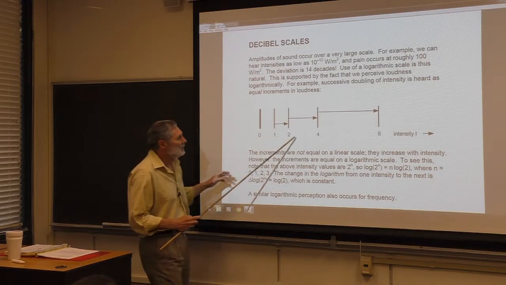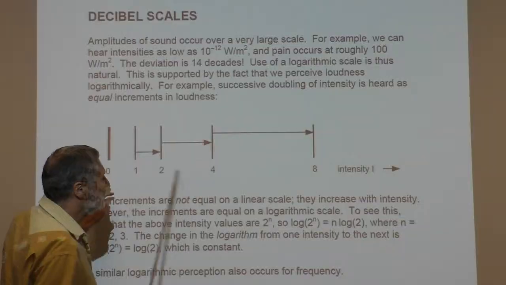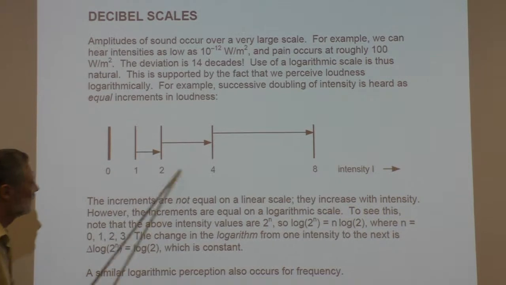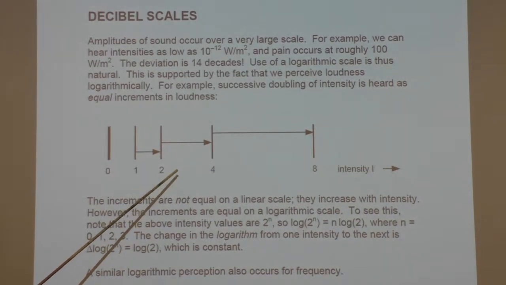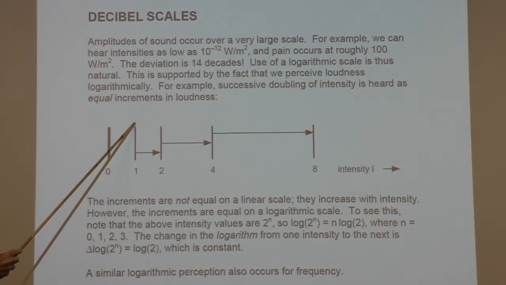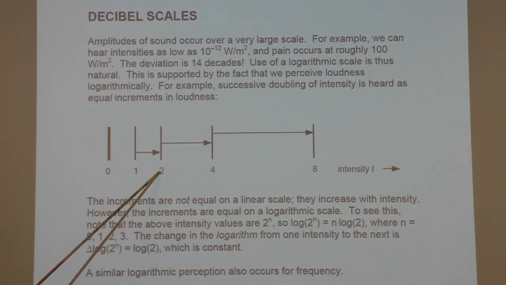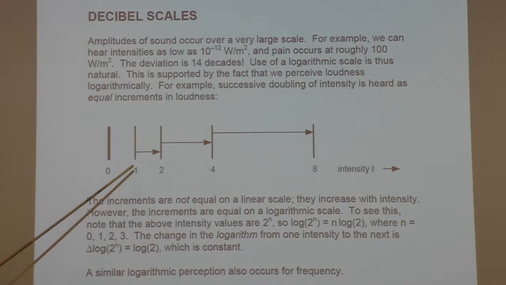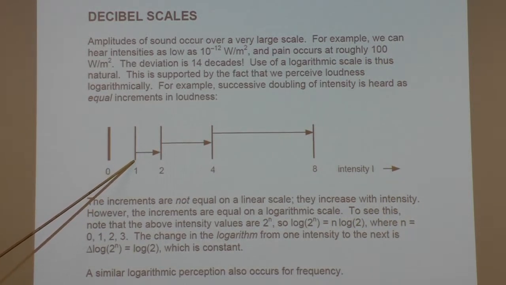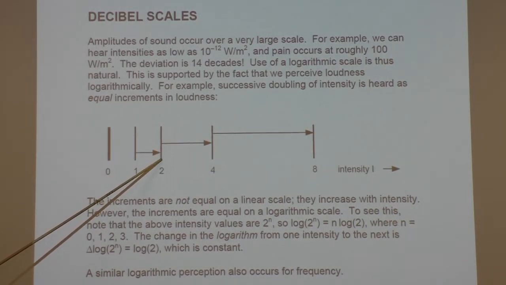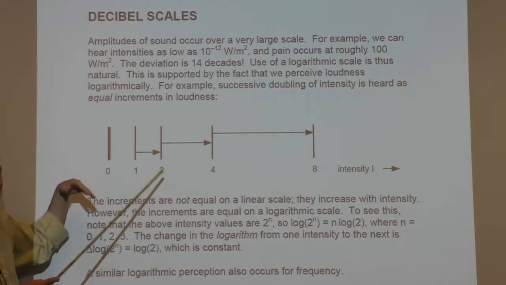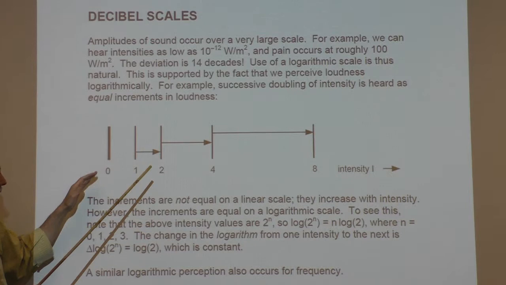Suppose we're plotting intensities here on a linear scale, okay? And we're just going to do this in dimensionless units, right? So here's some intensity of 1. We'll just call this intensity 1. And let's say this is twice the intensity, okay? If you hear a sound at this intensity and then hear a sound at this intensity, you're going to say that this one's louder, and you're going to perceive it as being louder by a certain amount, all right?